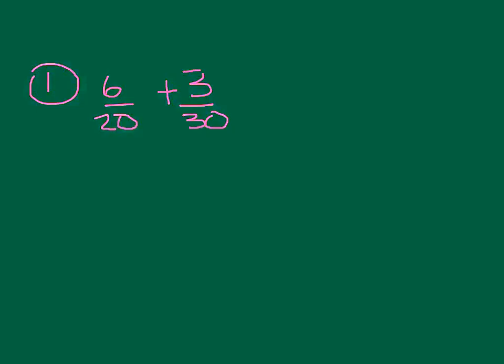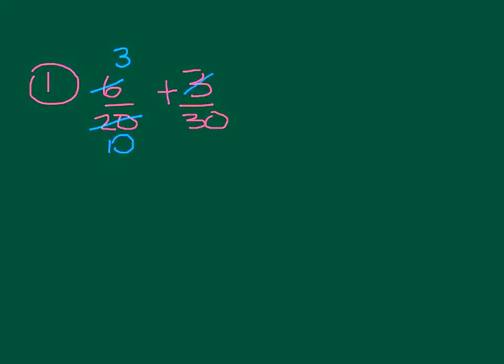The first advice I will give you is to first check if the fractions can be reduced before you start working with big denominators. In this case, I can say that this number is divisible by 2, so this will become a 3. Divided by 2, this will become a 10.